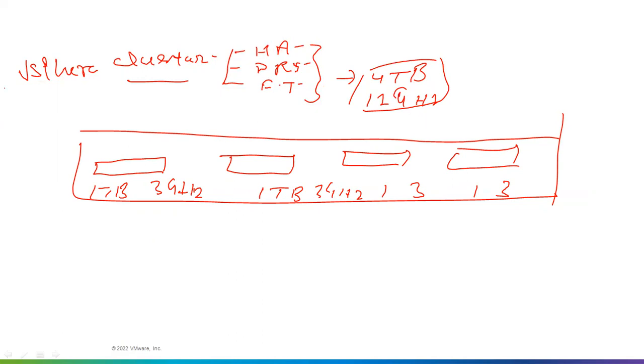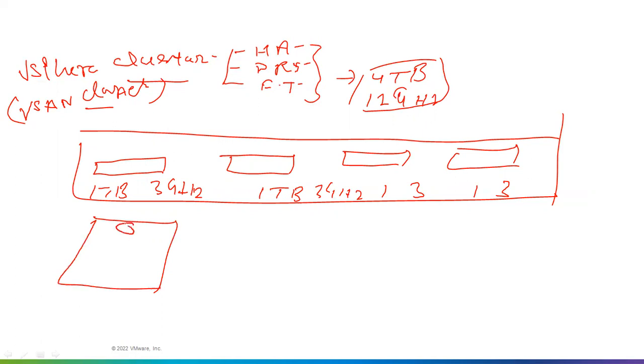So when we say the vSAN cluster, when we add this additional layer of the vSAN cluster, again it will do pooling. For example, this host has disks 1, 2, 3, 4, 5, 6, and the same way this host has its own.